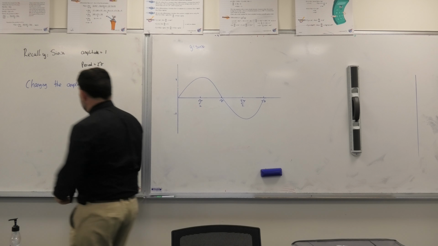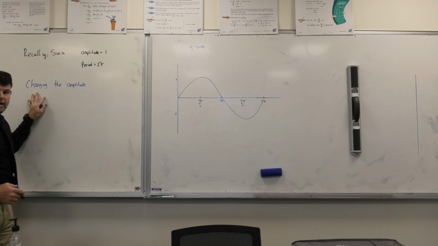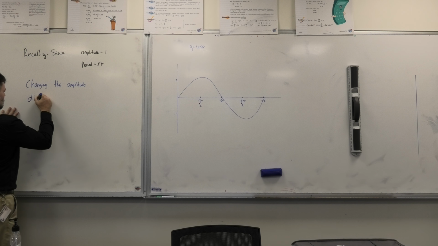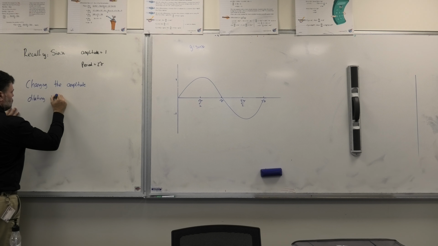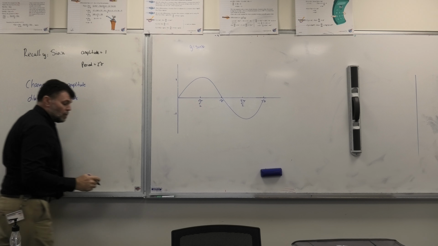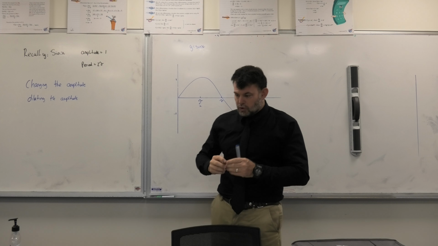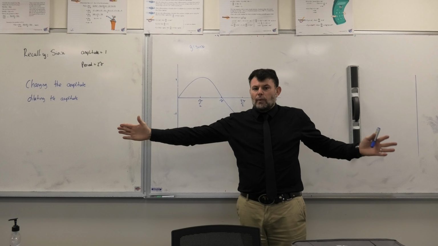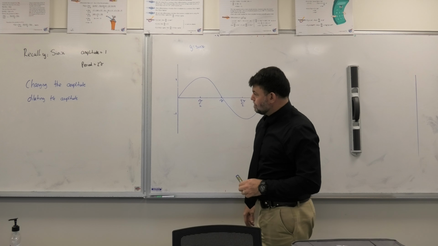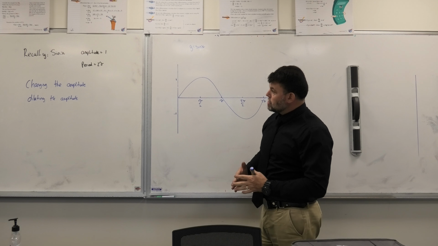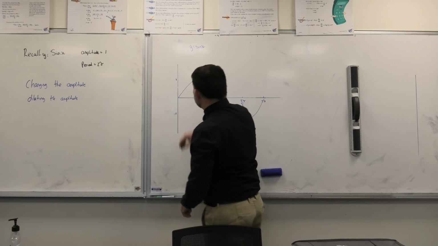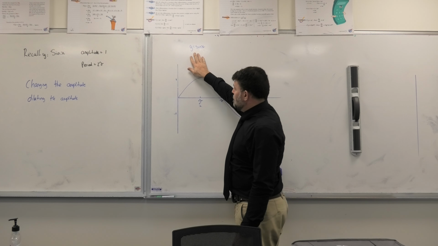But whenever we talk about changing the amplitude, we actually talk about dilating the amplitude. So when we're talking about dilating the amplitude, we're talking about how we're expanding or contracting the graph. All we're doing here is changing one variable in our equation.